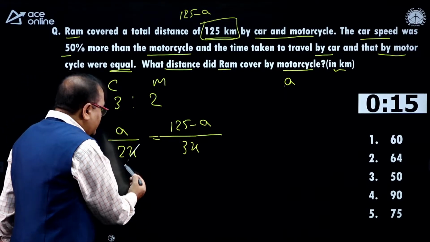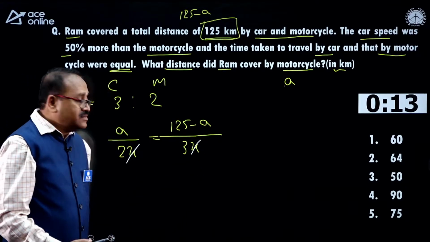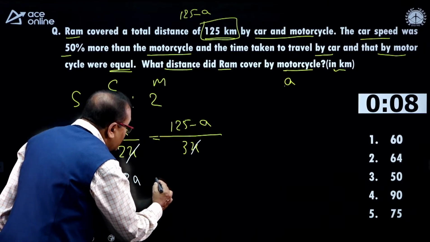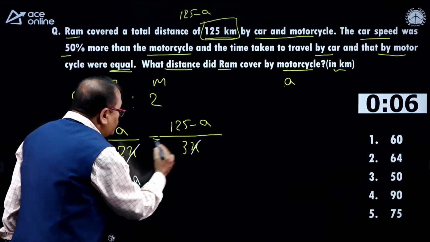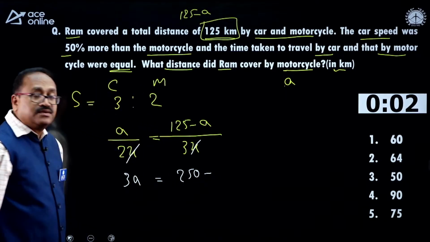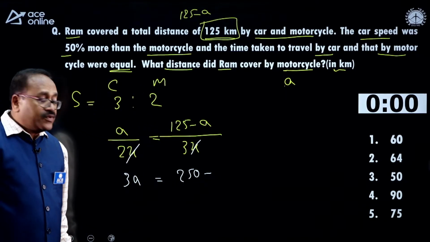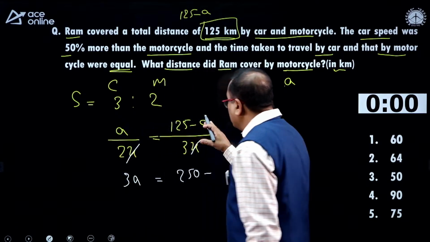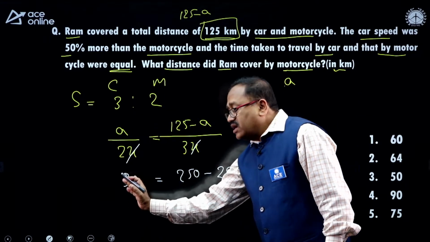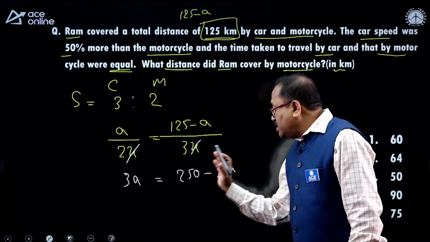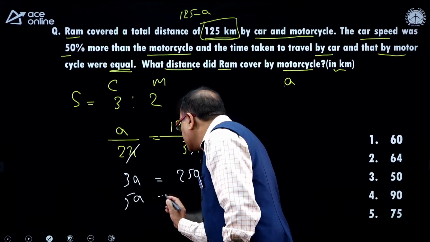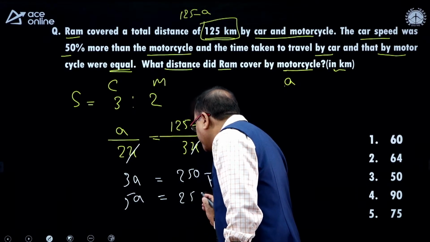So, as x gets cancelled, here it is 3a. Can you see that? This is 3a, which is equal to 125 into 2, that is 250, minus what? Minus 2 into a, that's 2a. When you take the 2a other side, then 3a plus 2a, I will be getting 5a, which is equal to 250.